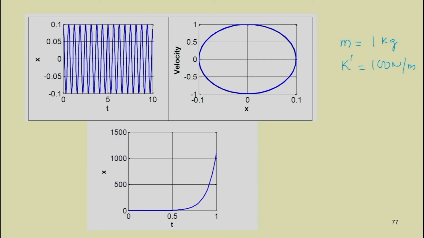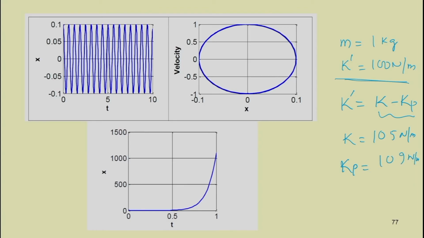The solution is a sin(ωt + φ). But if you take, for example, k dash, which is nothing but k minus kp, let us take k equal to 105 Newton per meter, and kp more than that, let us take it equal to 109 Newton per meter.